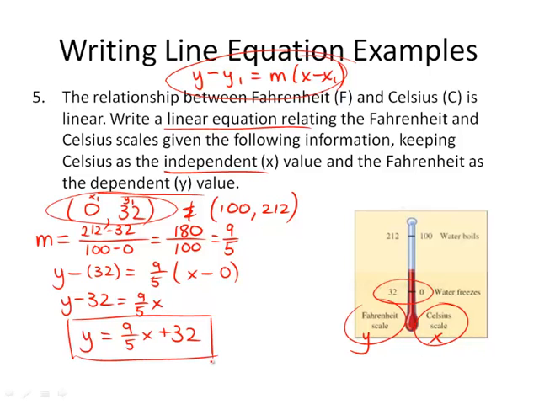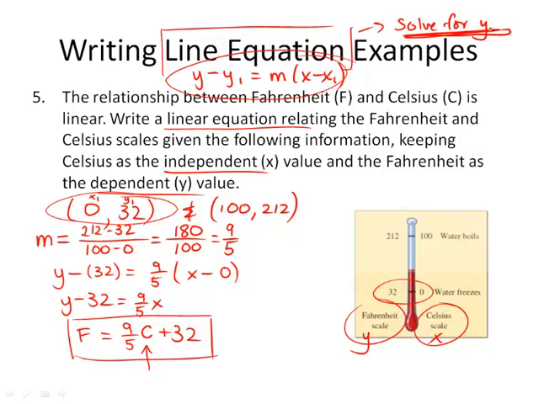Here's our relationship, relating our x, which was our Celsius, we could have written C, and our y, which was our Fahrenheit, we could have written F as well. Remember, when you're writing a line equation, you always want to solve for y to give the final answer.